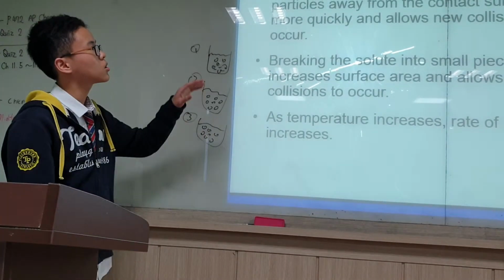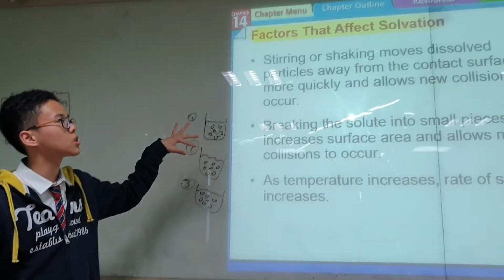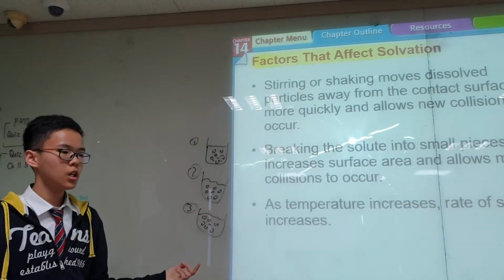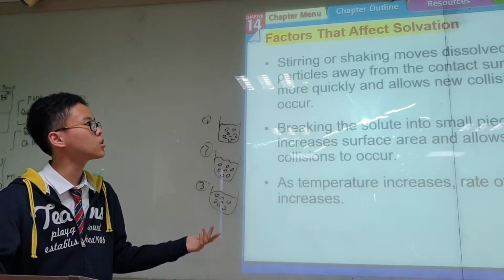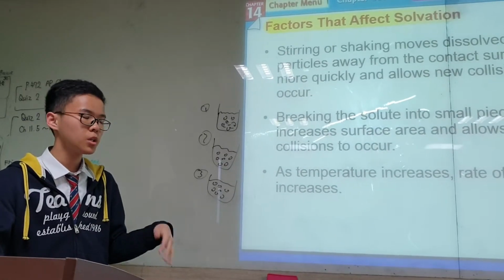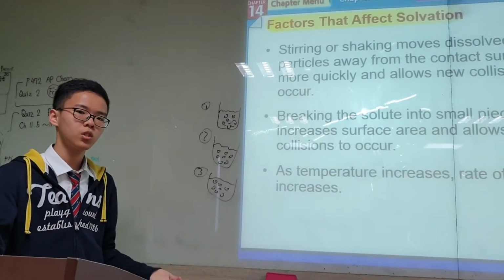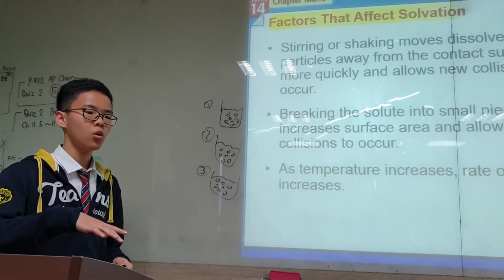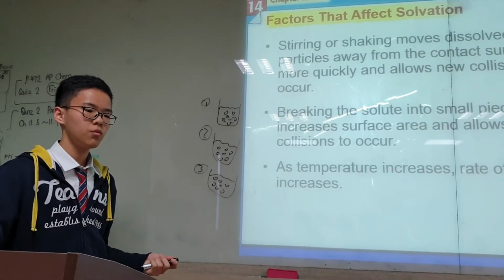So the three things you need to know: stirring and shaking can speed up the process of solvation. Breaking the solids into very small pieces can speed it up as well. And as temperature increases, the rate of solvation increases too. If it's very cold and you add sugar, it's going to be a very slow process.